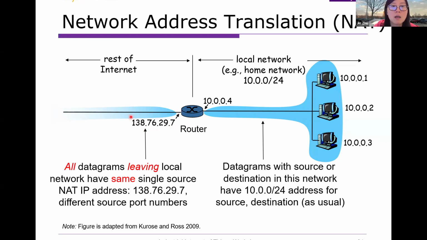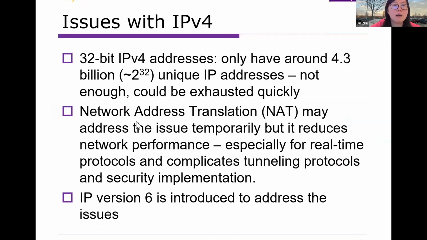The reason we introduced network address translation is because we have really limited IP addresses. With the 32 bits of an IP version 4 address, we only have around 4.3 billion unique IP addresses, which is certainly not sufficient to assign an IP address to all the connected devices.